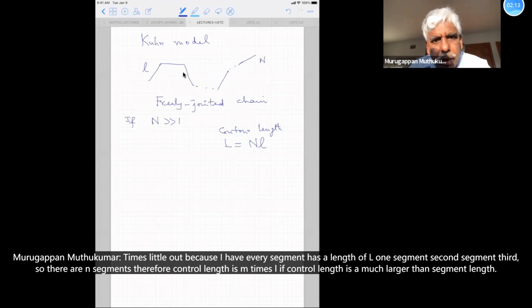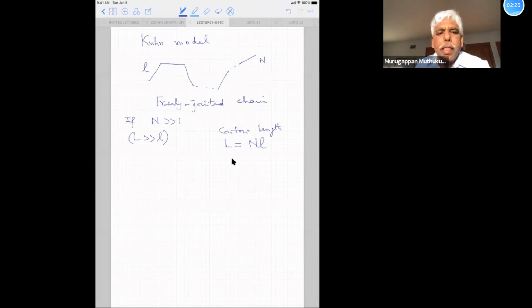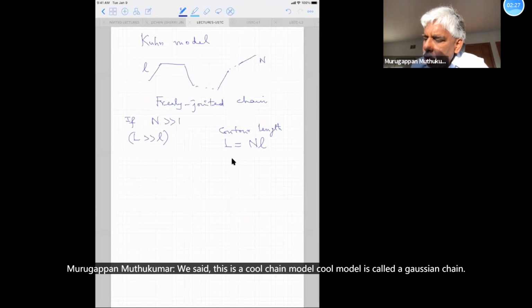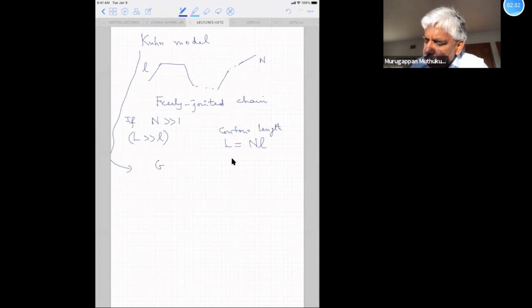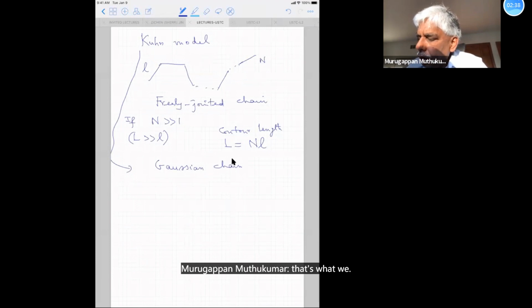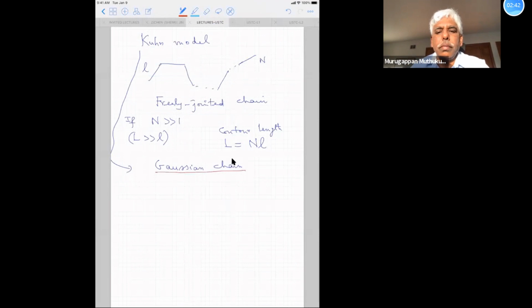There are n segments, therefore the contour length is n times l. If the contour length is much larger than the segment length, we said the Kuhn model is called a Gaussian chain.